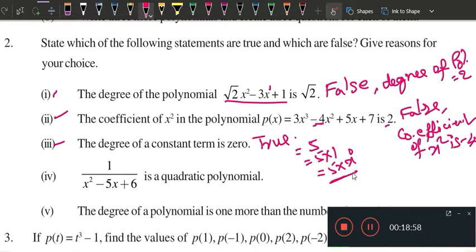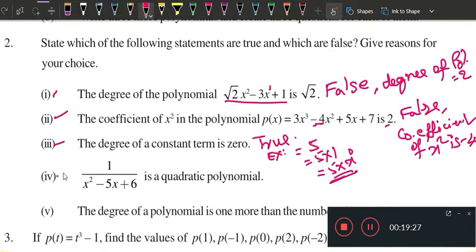See, this is one polynomial. What is the highest power of x? 0. So this is the degree. So the degree of the constant term is always 0. It is true, because see that example.